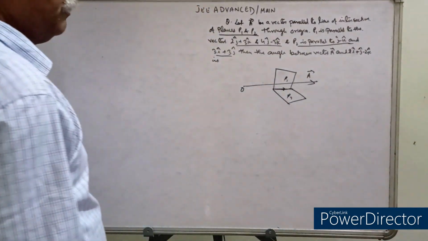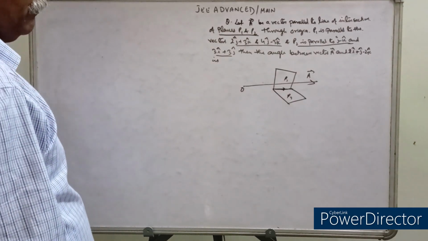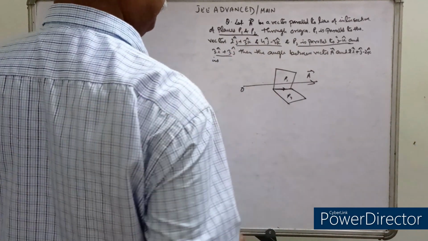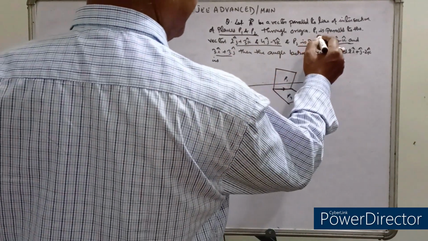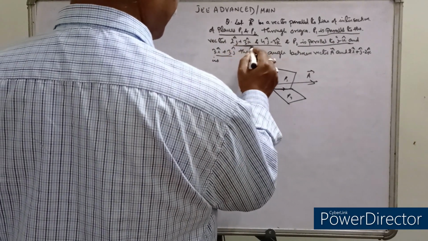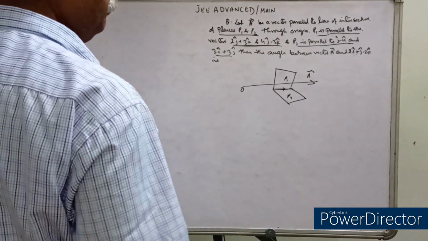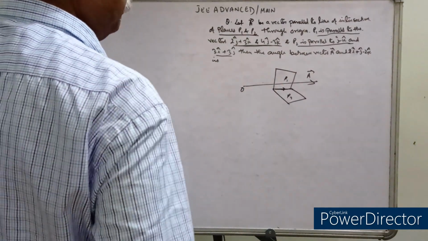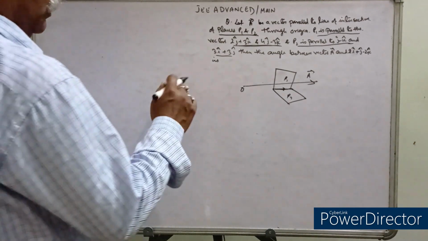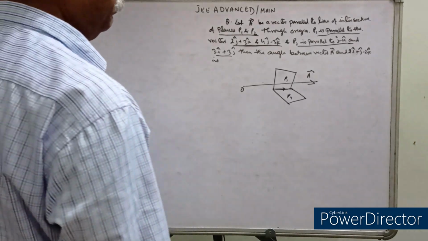Here it is given that P1 is parallel to these two vectors. What does this mean? So how to proceed? How to solve this problem?